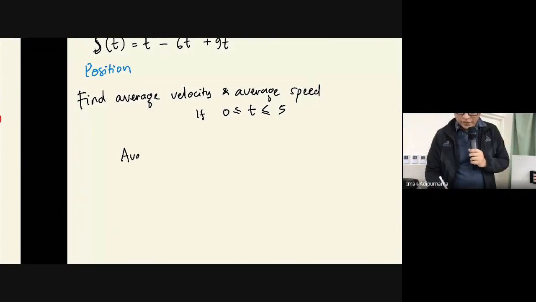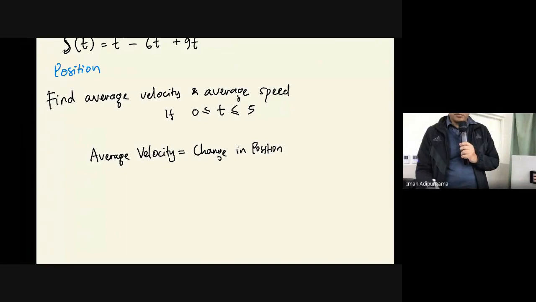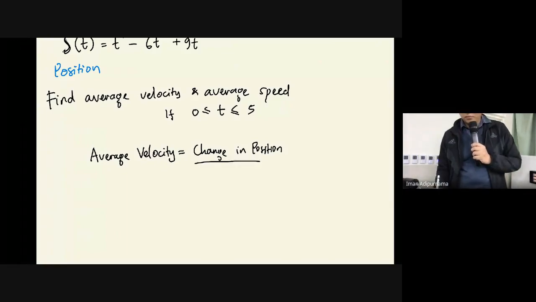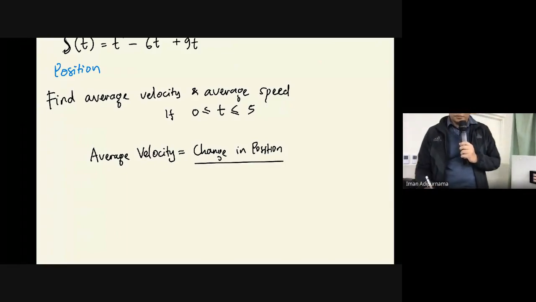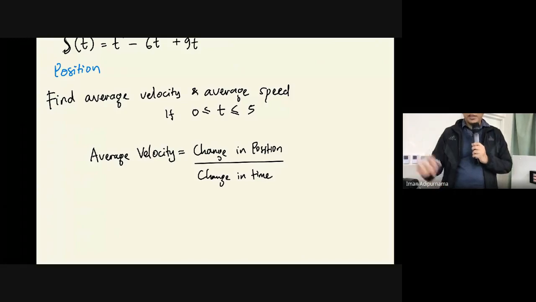So average velocity, by definition, is the change in position over the change in time.